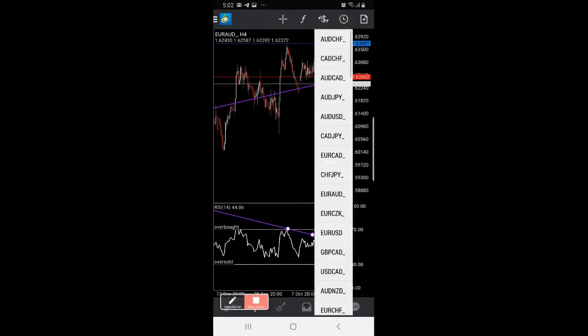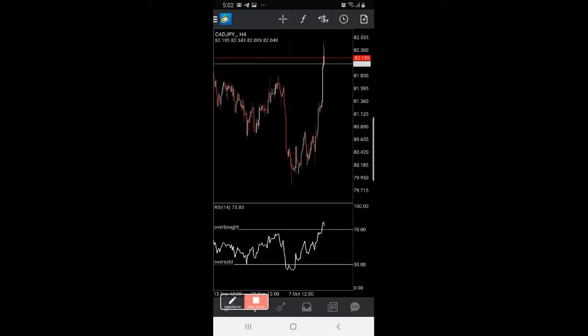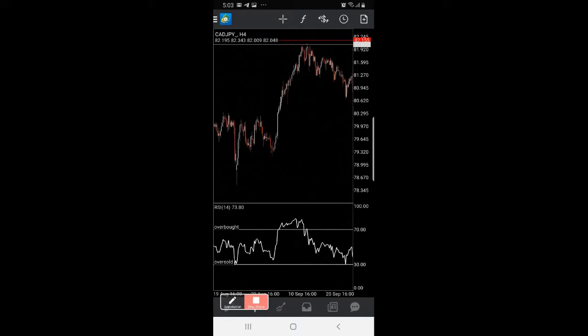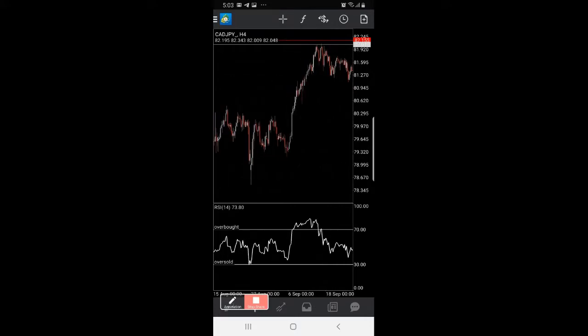All right, let's look at another currency pair. And see, that's what I mean here, okay? It's not gonna always be accurate.